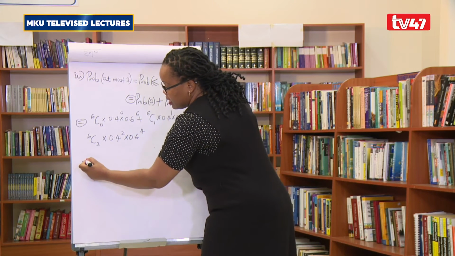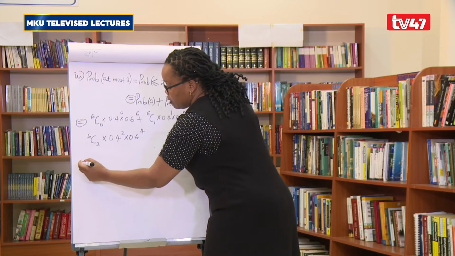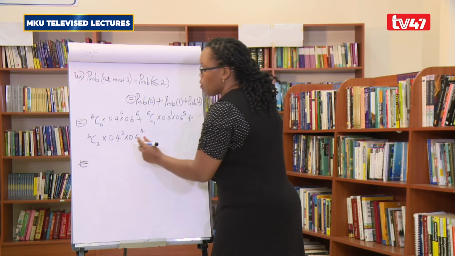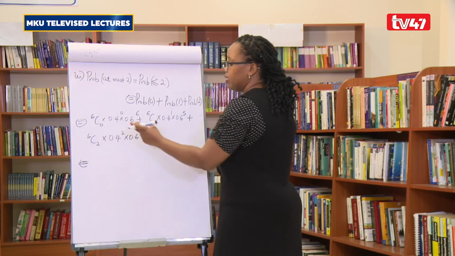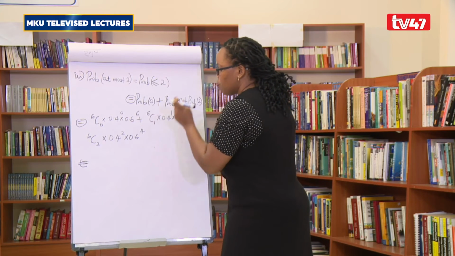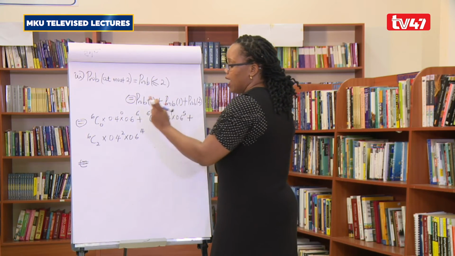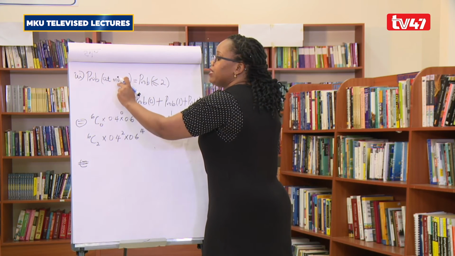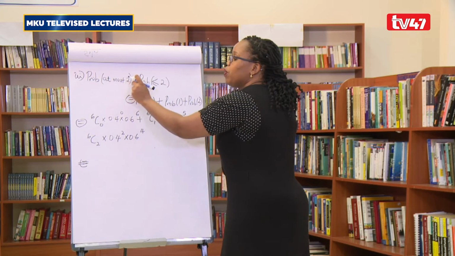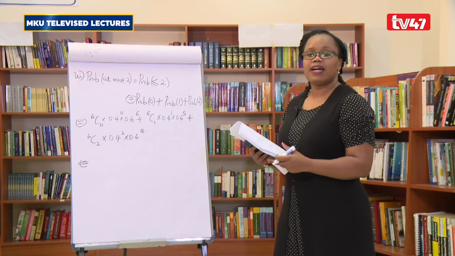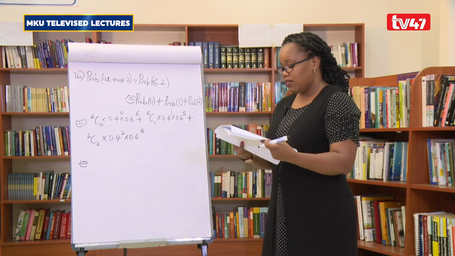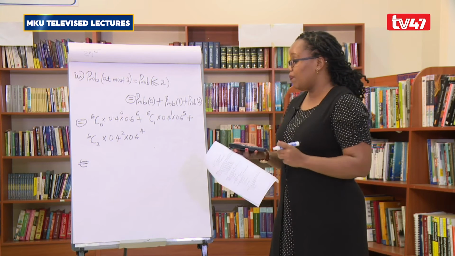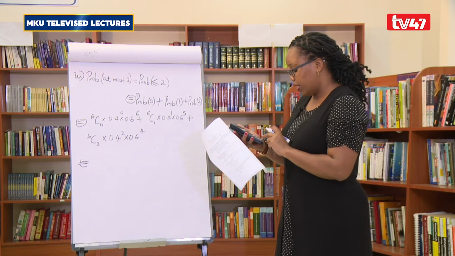So if we get these probabilities, the probability of 0 added to the probability of 1 added to the probability of 2, it will give us the probability that at most 2 people are infected with cancer. So let's turn to our calculators and do this very quickly.